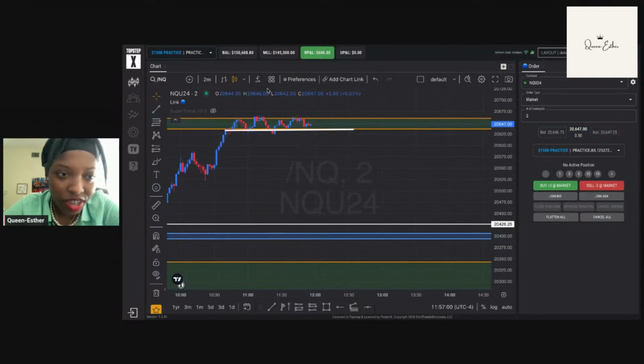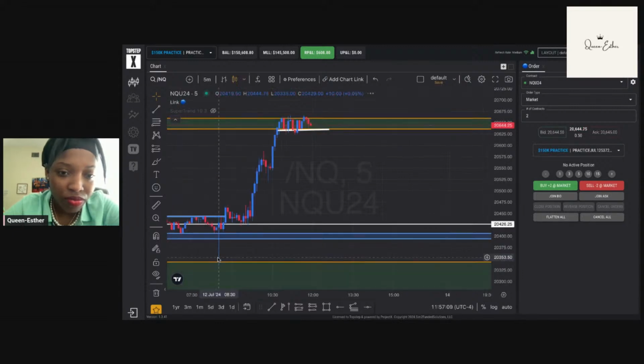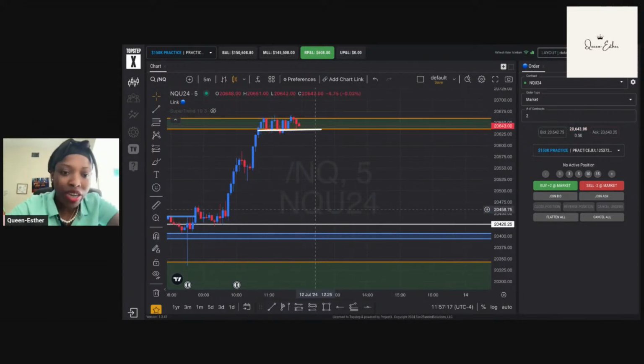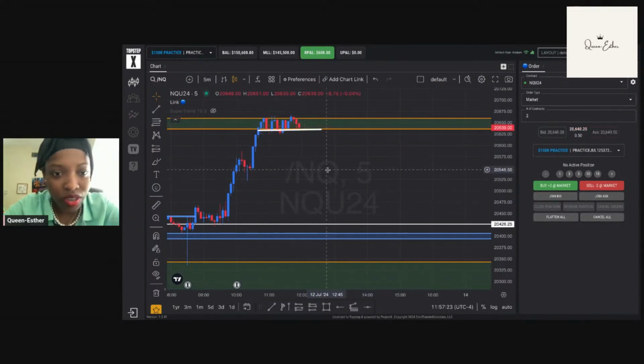I didn't stay in that trade because price is a bit close to the resistance area. Actually, no, it's going to drop. Okay, price is going to drop. If price breaks below this support area, usually it's going to continue. Look at that. But my goal for the day is 500.